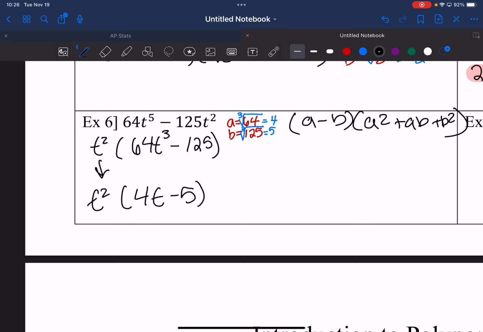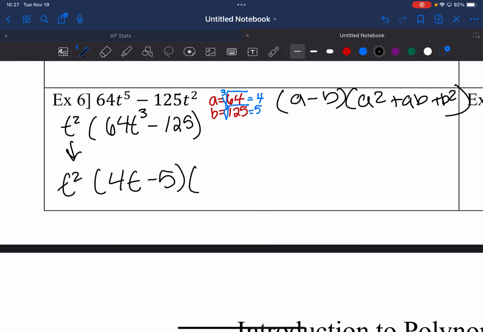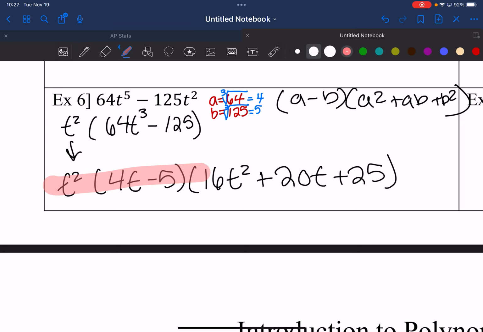And then what? Good. 16t squared plus, what's next? 20t plus 25. That's my answer.